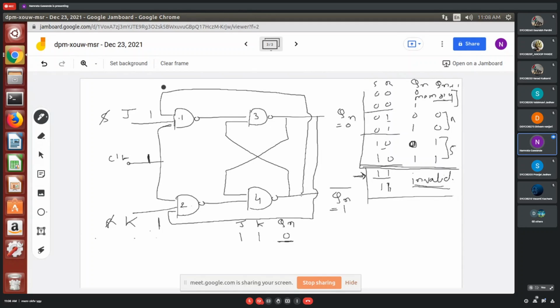So J is 1, clock is 1, and this is also 1. And this Qn output is what we pass to this, so this is 0. So this clock is 1, this K is 1, and this is 0. This is coming from over here.